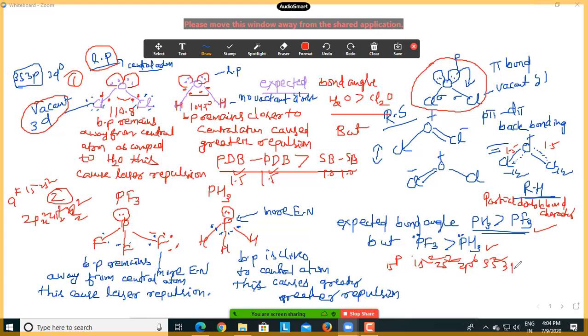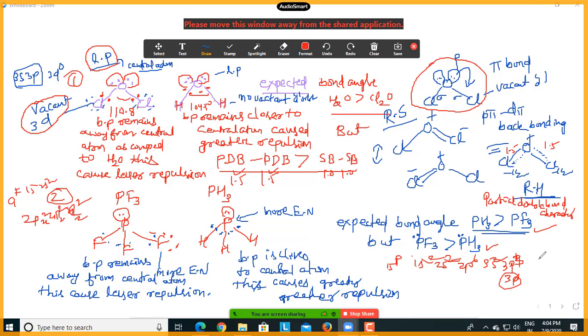So whenever it is taking 3 bonds, it has 3d vacant. Phosphorus will have a vacant orbital.